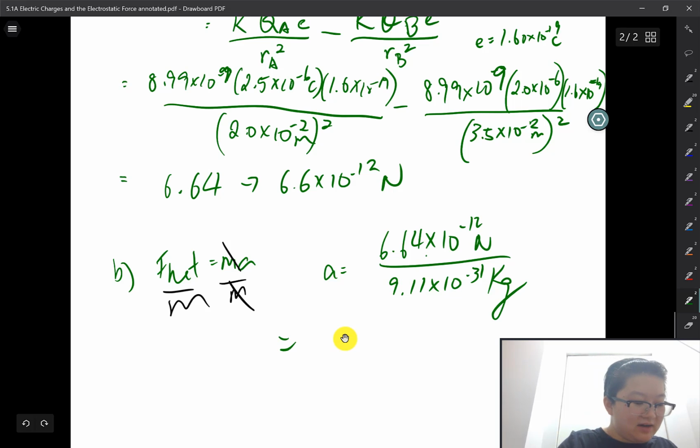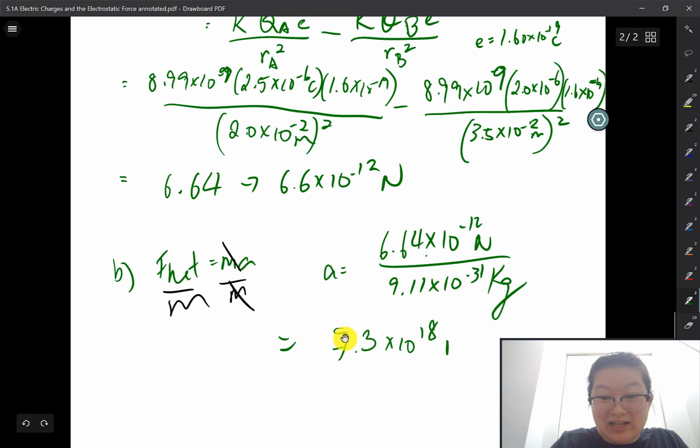After we divide the two, we get 7.29, which we're going to round to 2 sig figs: 7.3 times 10 to the power of 18 newtons per kilogram, or you can use meters per second squared.